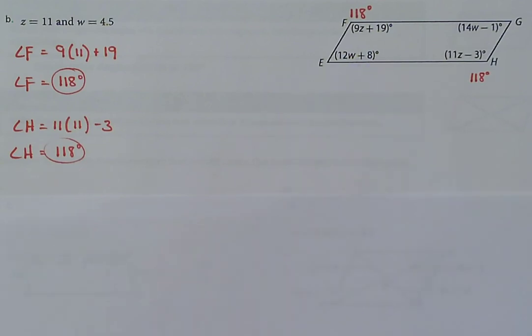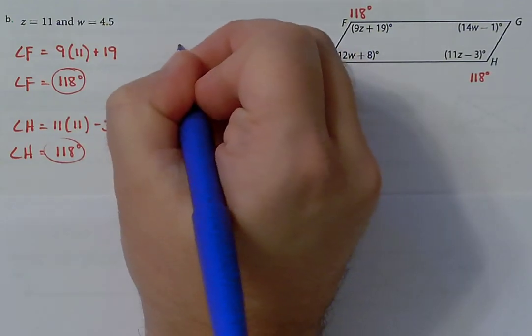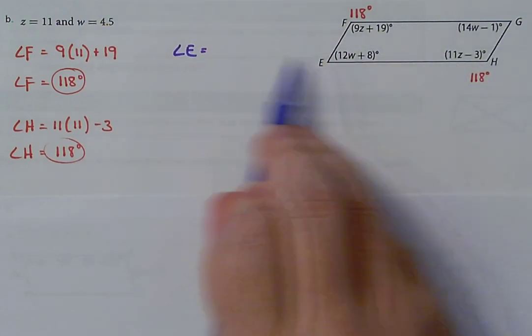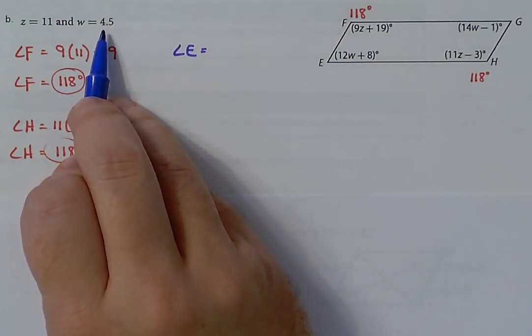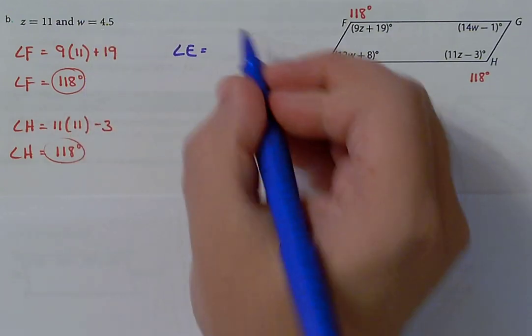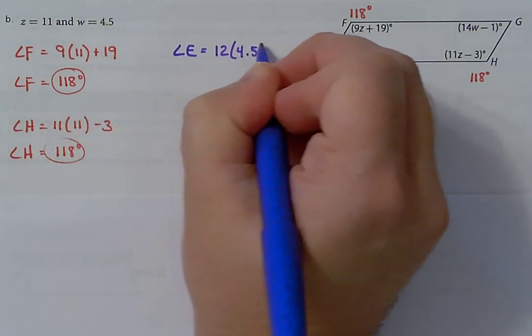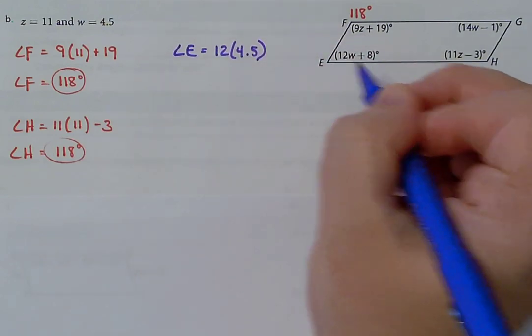So first up is angle E, which is 12W plus 8, and they tell me that W is 4.5. So we're going to do 12 times 4.5 plus 8.